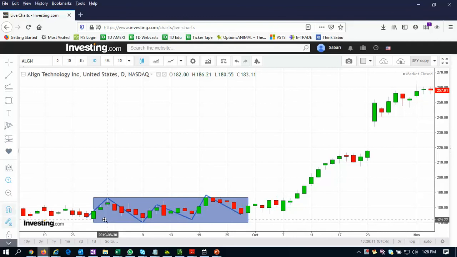That doesn't mean that this is a lower low, because the body didn't cross this level. So we'll consider it a lower low or higher high only if the body crosses the previous lower low or previous higher high, whatever it is.